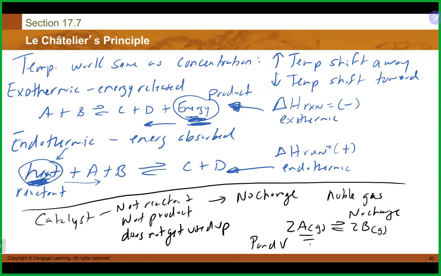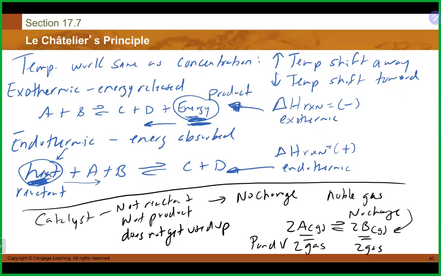I have on this side two gas molecules, and on the right hand side, I have two gas molecules, and it's a tie on both sides of the arrow. So there is no side that has more gas molecules or less gas molecules. So in a situation like that, that also would be a no change situation that could occur if you have an equal number of gas molecules on each side and you do something to the pressure or the volume. There is no more or less.